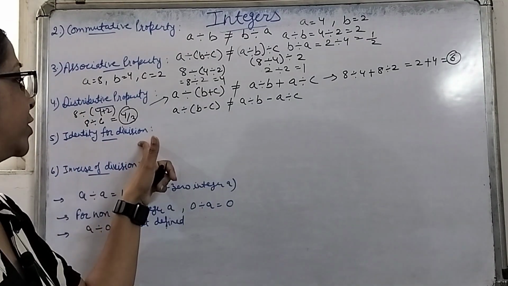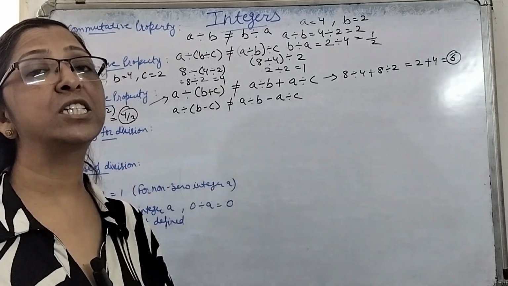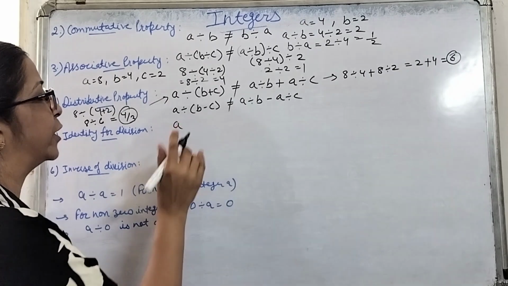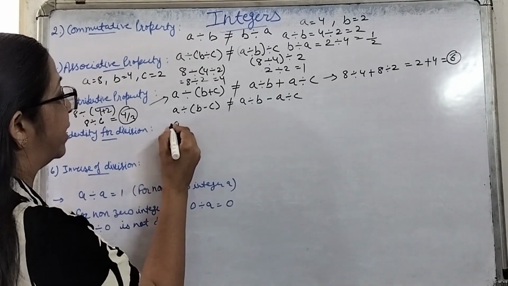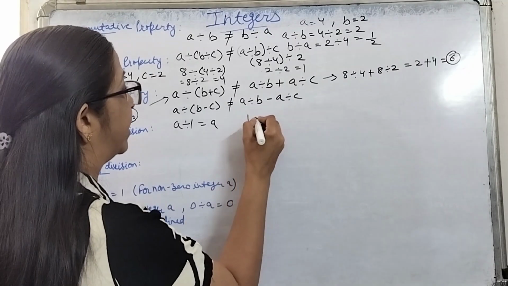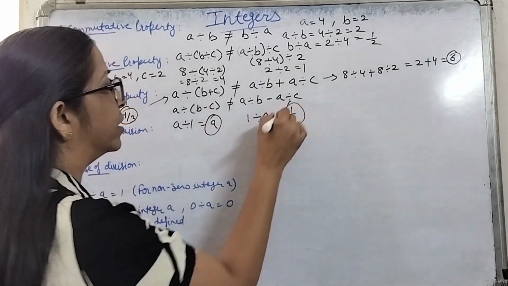Now identity for division: the identity for division does not exist. Why does it not exist? Suppose a is any integer. If I divide a by 1, we get a, and if we divide 1 by a, we get 1 upon a. So both are not equal.